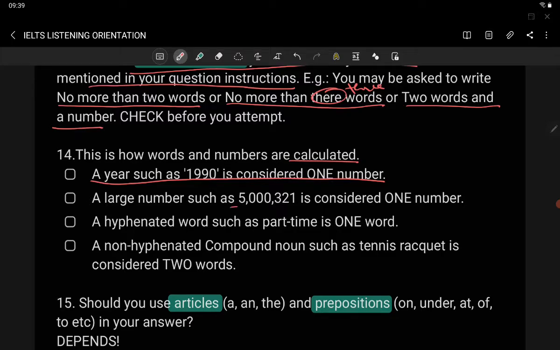A large number is also considered one number. A hyphenated word such as part-time is one word. You have a hyphen in the middle. A non-hyphenated compound noun such as tennis racket, my football shoes is considered 2 words because there is no hyphen. Okay, so if there is a hyphen, it is one word. If it is a big number, it is one word. If it is a year, it is one number.